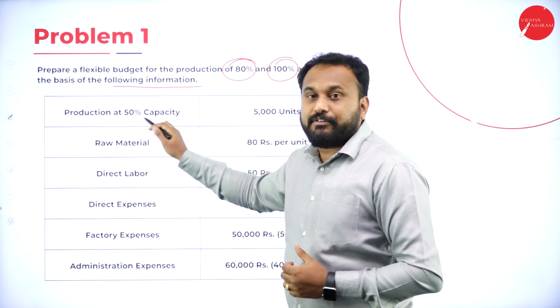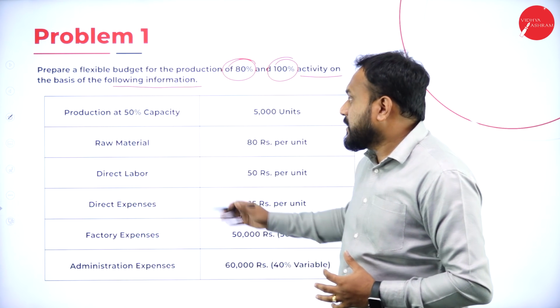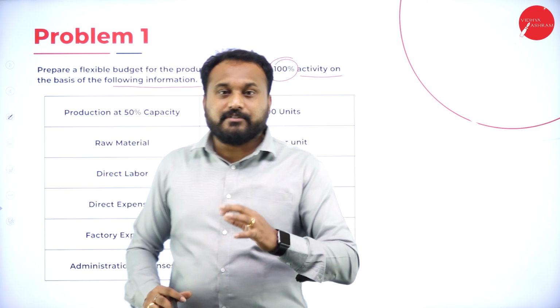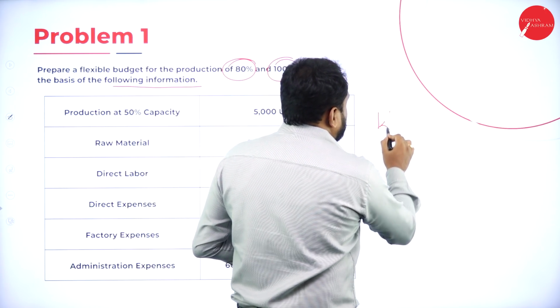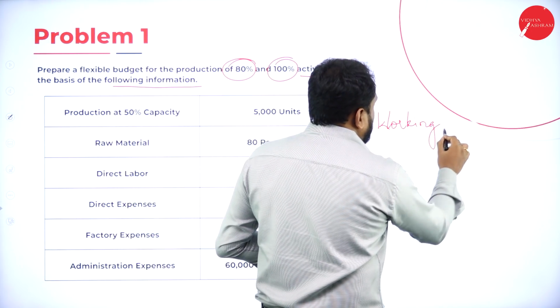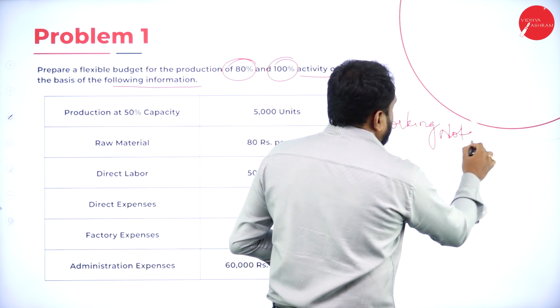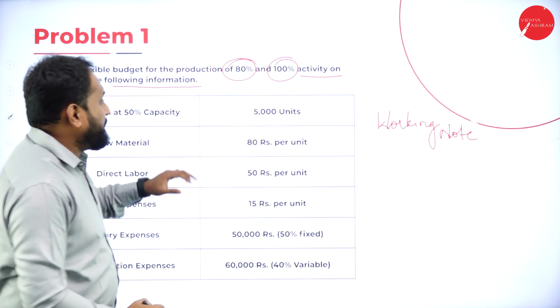Now, production at 50% capacity. They have given something in the question paper called 50% capacity. In the meanwhile, I'll be writing the working note here also. Please write it down. The first one they have given is production at 50% capacity.